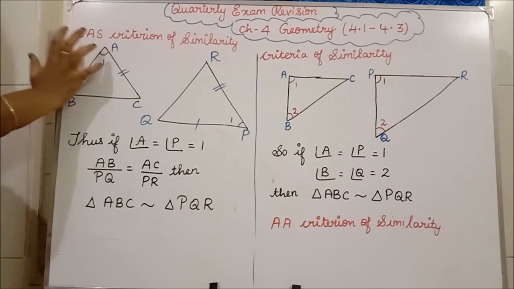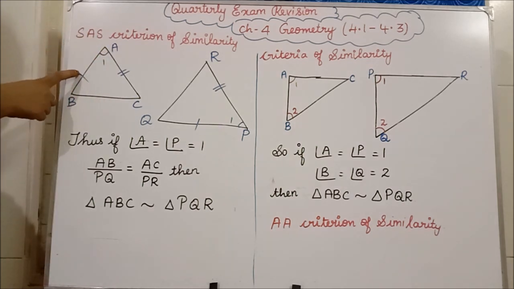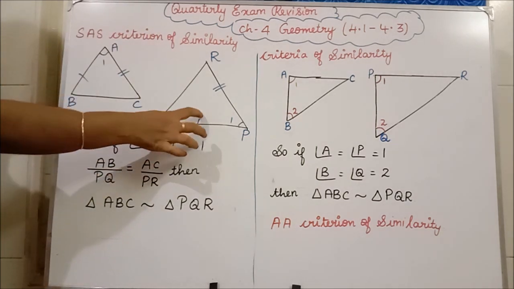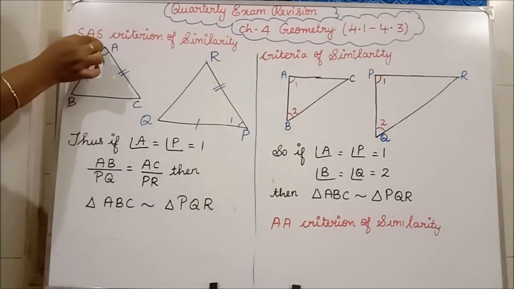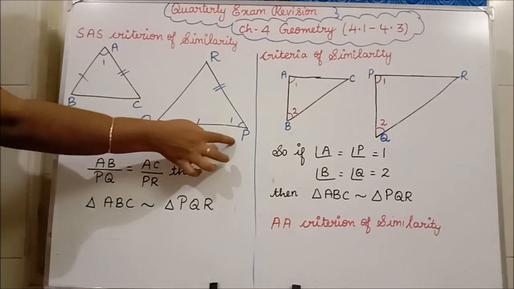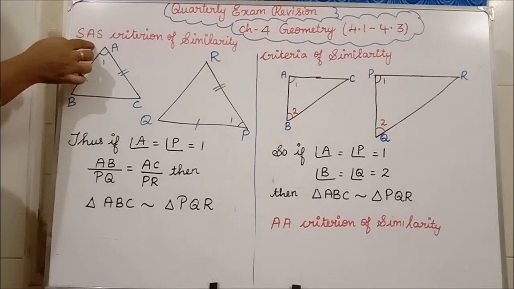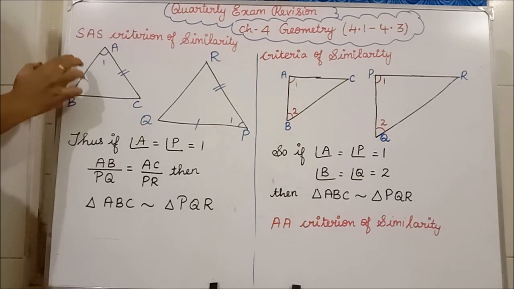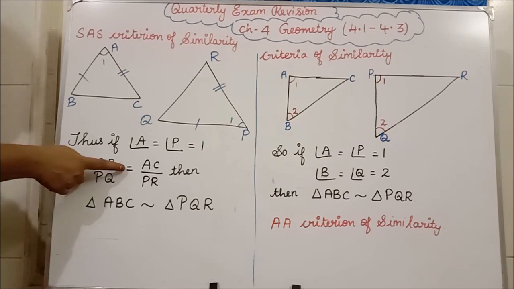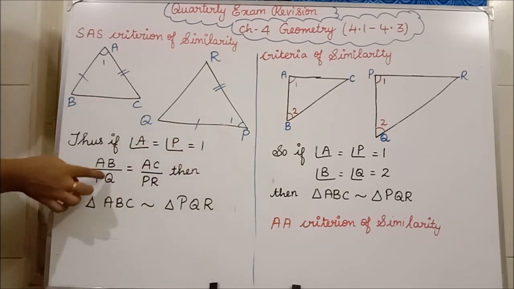Then you have two sides. I have written one line here, and in the next triangle we also have one line. So AB, the corresponding side is PQ. I am writing AB divided by PQ.